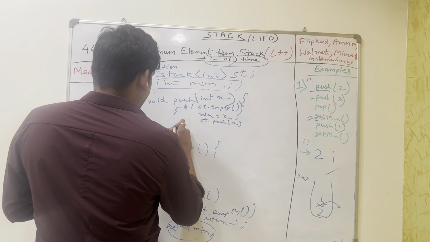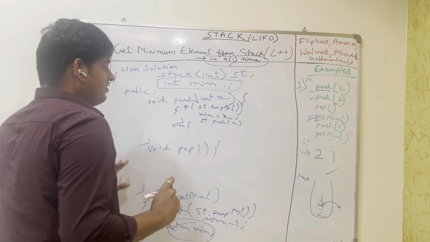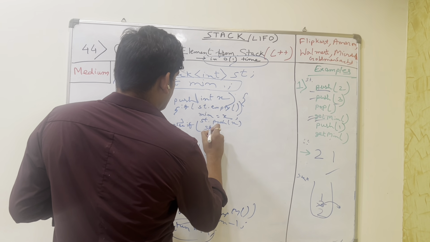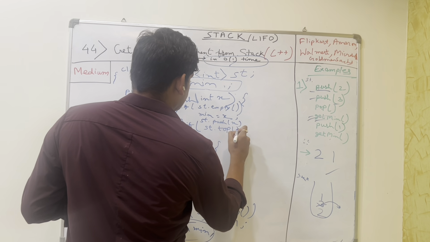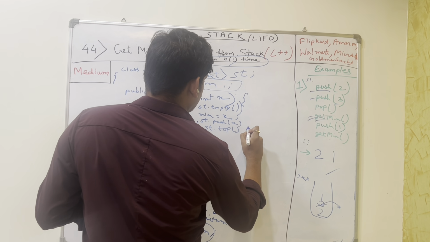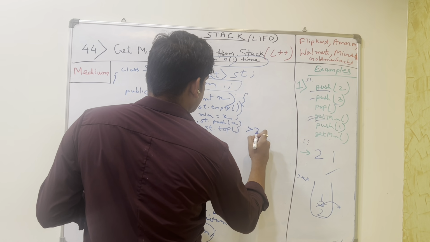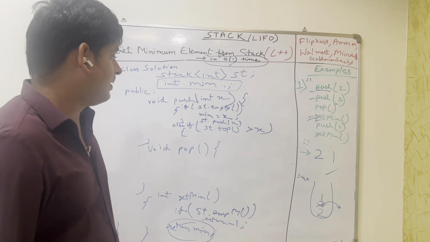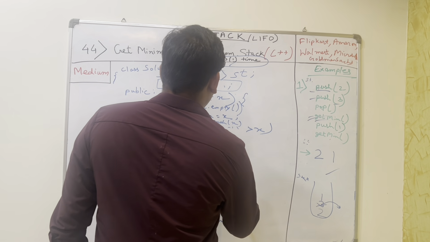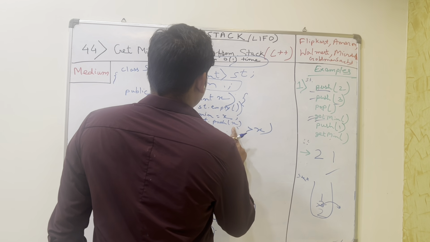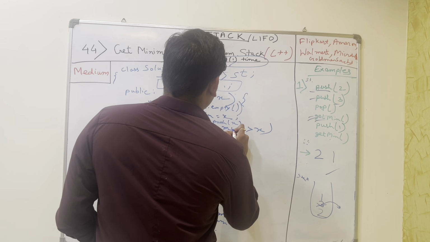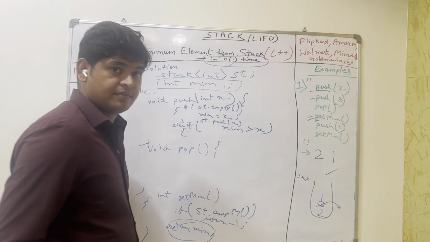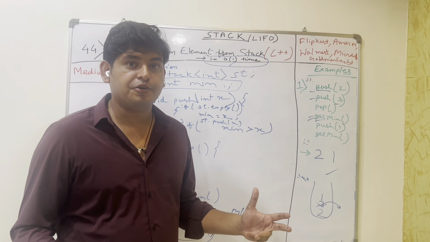Now else, if stack is not empty and the minimum element that is there currently, whatever the minimum element we have, if it is greater than x, then we need to change our minimum value, right?